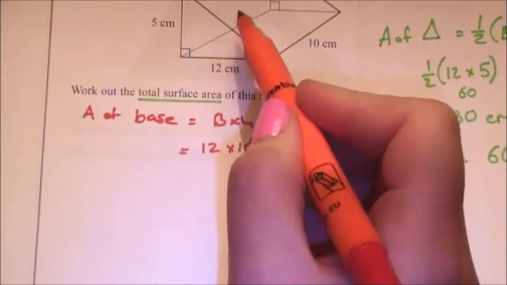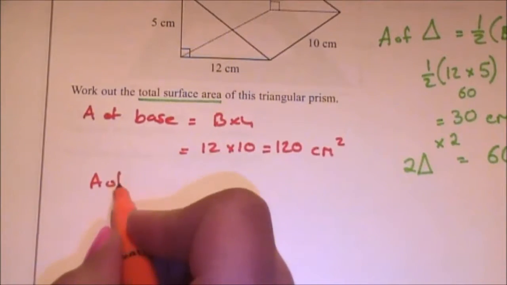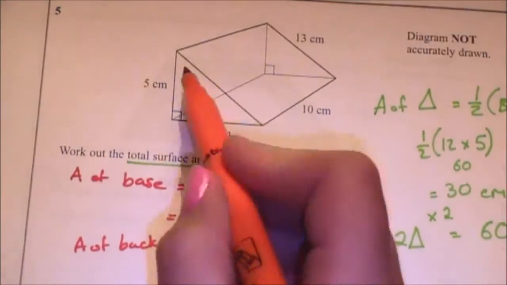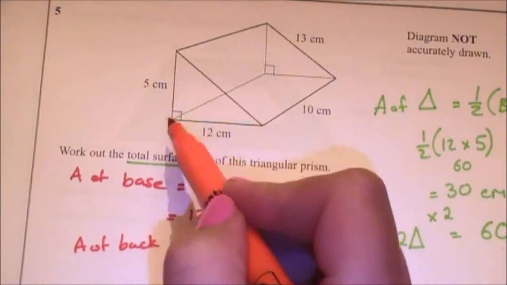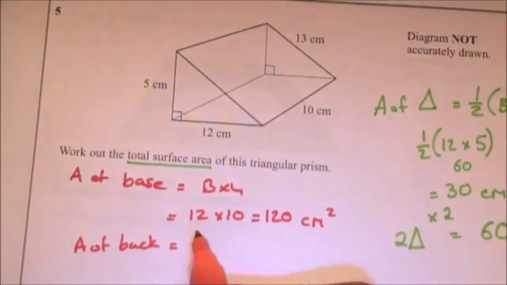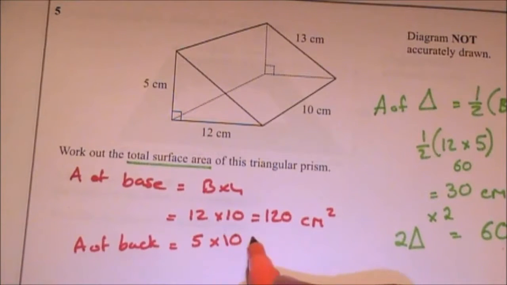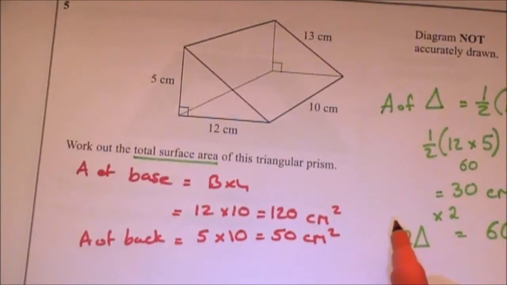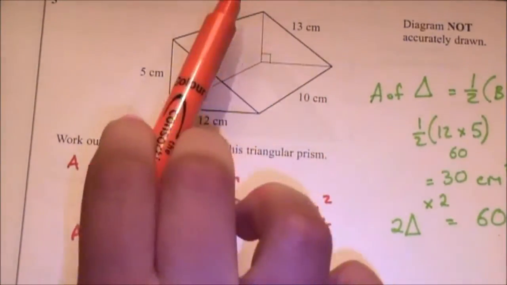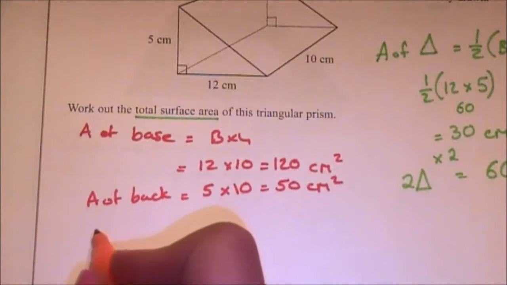I'm going to find the back now. So area of the back equals, alright, well it's got 1 dimension, which is 5, and it's got that depth there, which is 10. So the area of this back is going to be 5 times 10, which is 50 centimetres squared. And I've got one more face left, and that's this front sloping face.